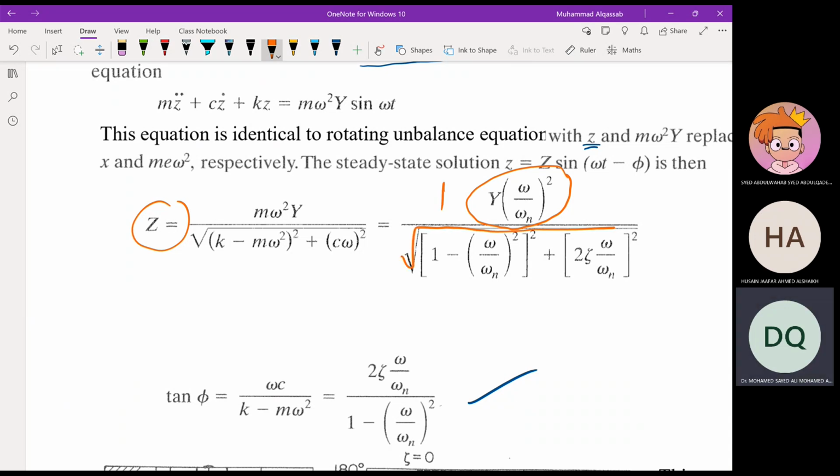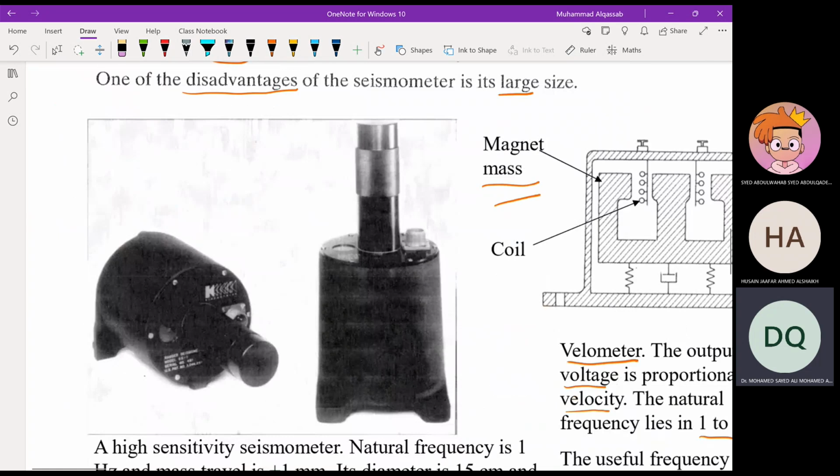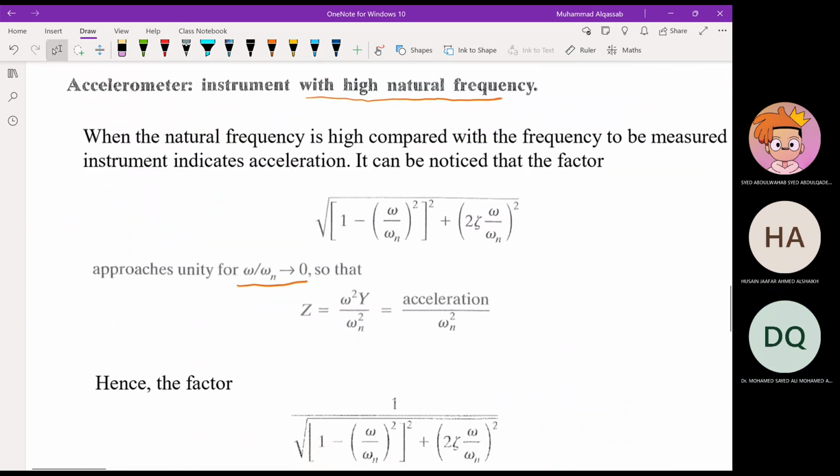That will be the error factor. Okay, because z equals y omega over omega n squared. If this is true, then you have no error. The error is 0, right? When z equals y omega over omega n squared, it means that 1 over the square root is 1. And there is also a point at which the error factor is equal to 1.